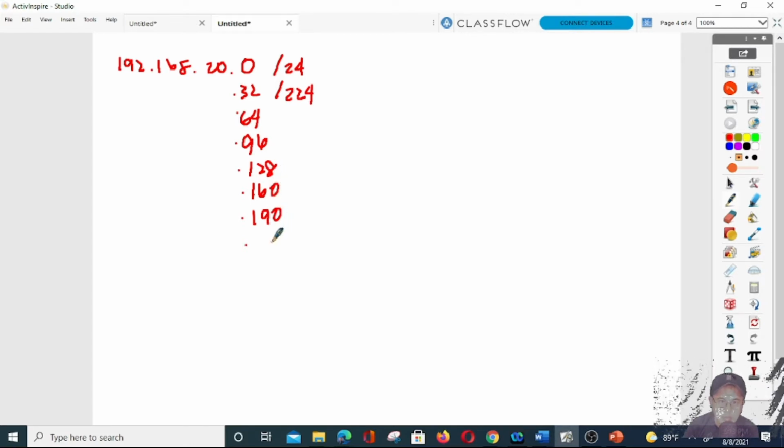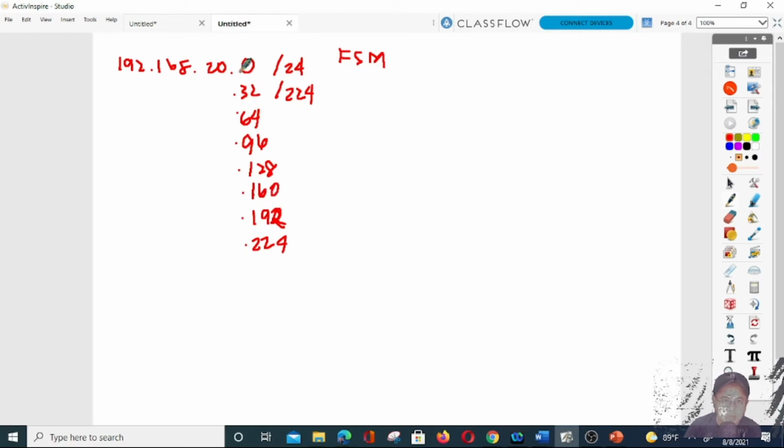Plus 32, 160. Plus 32, 192. Plus 32 is 224. This is the fixed length subnet mask.